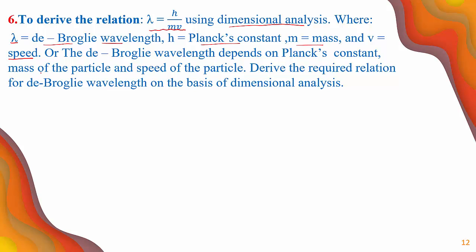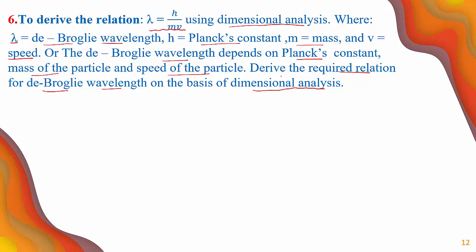That means the de Broglie wavelength depends on Planck's constant, mass of the particle, and speed of the particle. Derive the required relation for de Broglie wavelength on the basis of dimensional analysis.